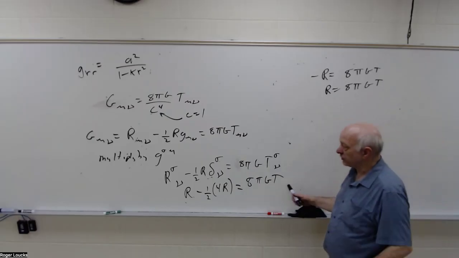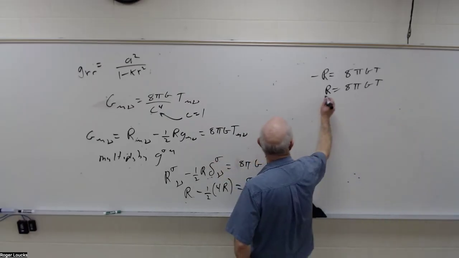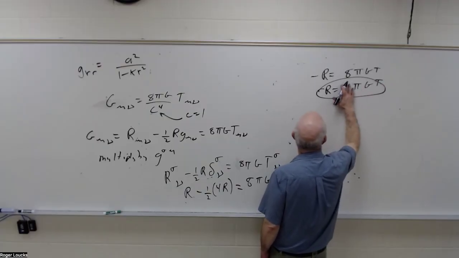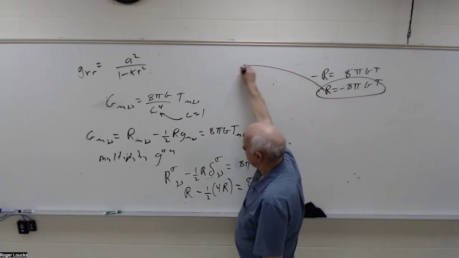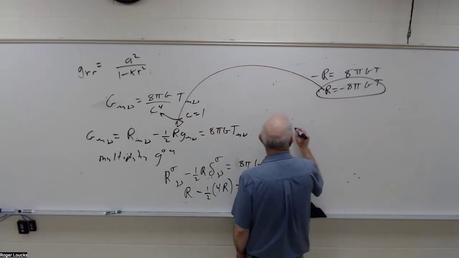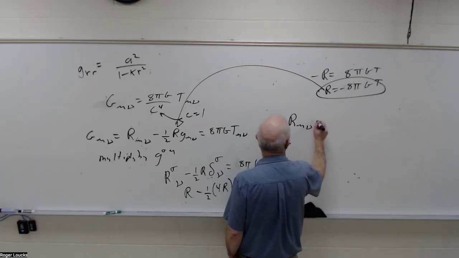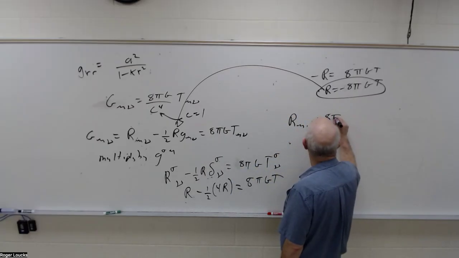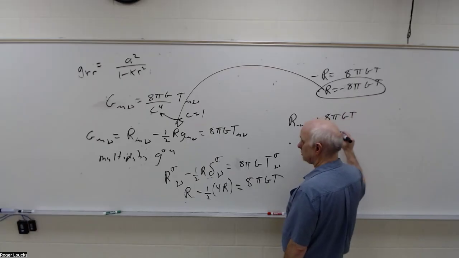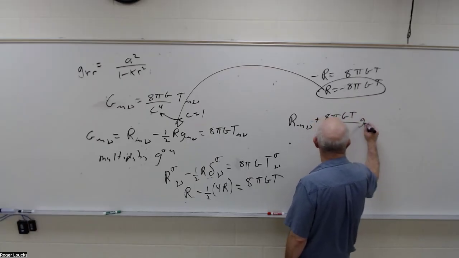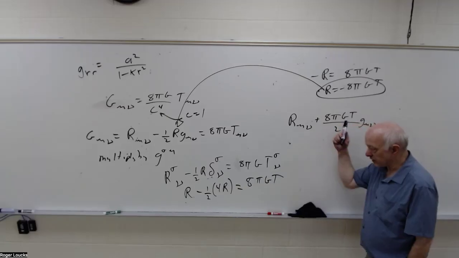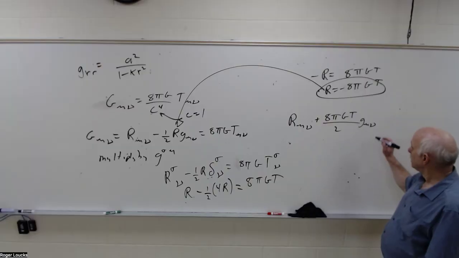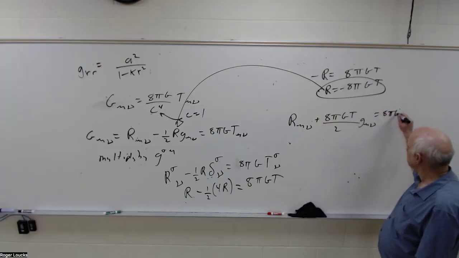And so I can put this into here. Move the minus sign here. That goes into here. This gives me R mu nu plus 8 pi G T over 2 g mu nu, yes, I know that's 4, but I'm going to leave it like this, equals 8 pi G T mu nu.